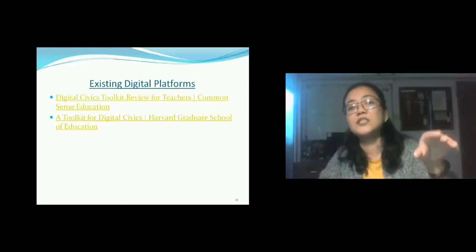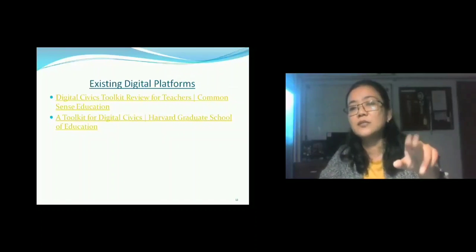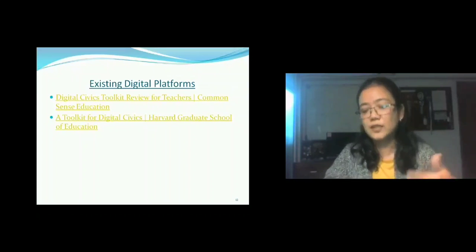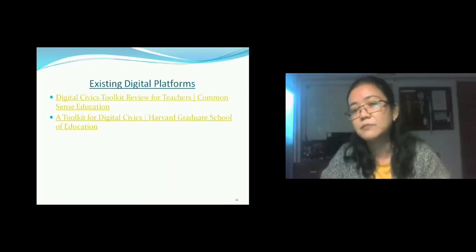I'm particularly using the digital tools because, in COVID times, it's not possible for everybody to be in a person classroom. So digital platforms and digital toolkits are very useful for our context, also in the COVID-19 period.